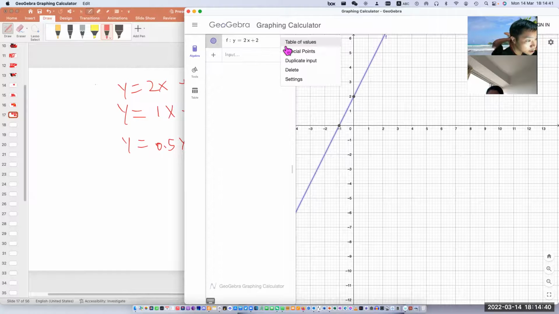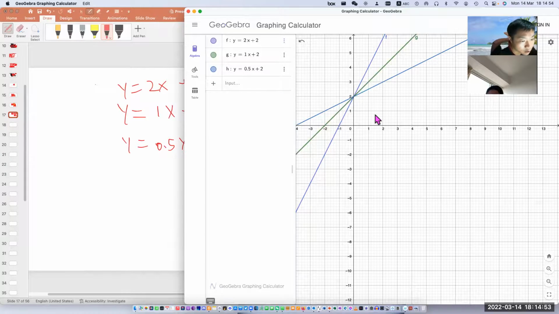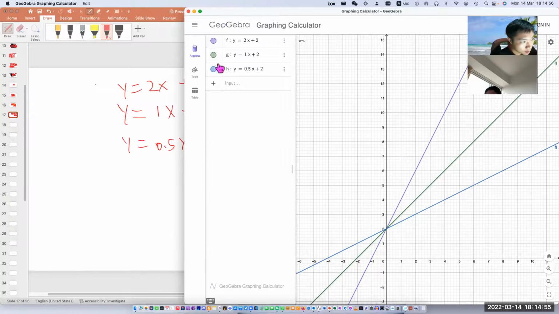Then duplicate. So I get 1x. Yeah, I get 0.5x. Okay, good. Purple, green in the middle, light blue last. So let me just get this out.